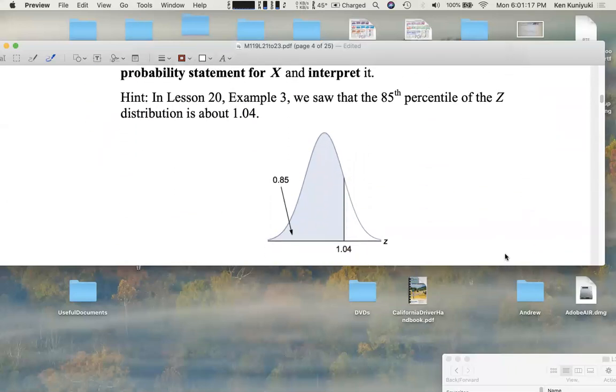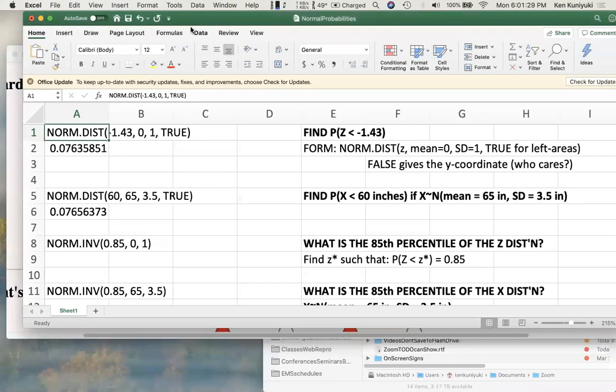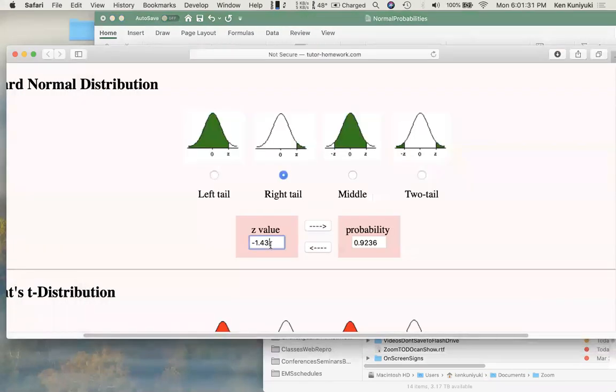We're going to use a hint that we used in an earlier lesson, lesson 20, the fact that the 85th percentile for the z distribution was 1.04. If you go to the tutorhomework.com website, I'll clear these out. We want a left tail probability of 0.85.